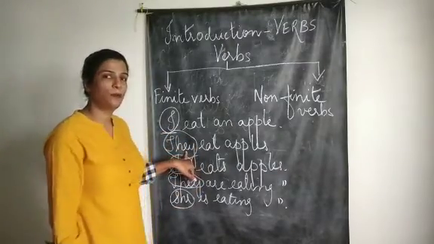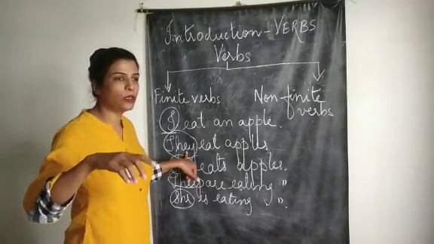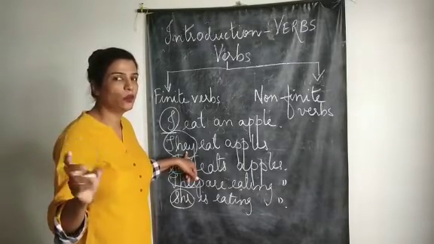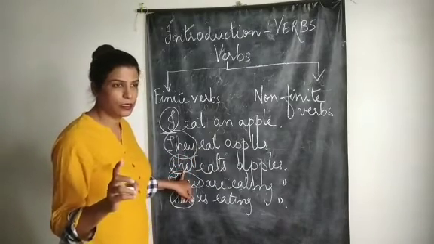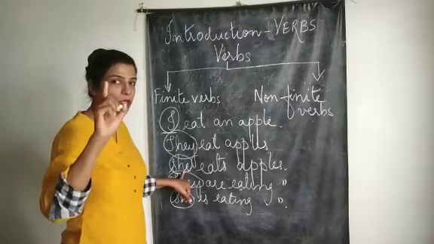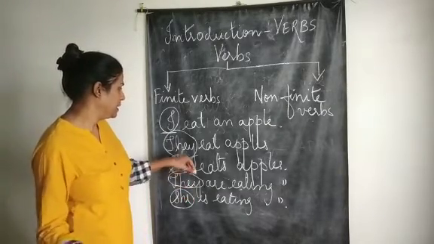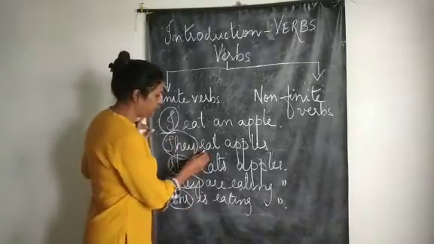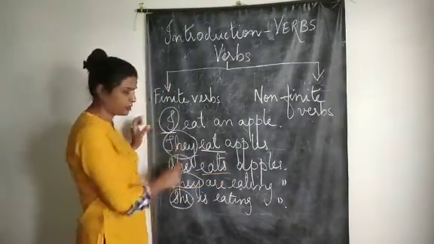This is plural. That means I'm talking about more than one human being over here. This is singular. That means the subject is singular and I'm talking only about one girl or one lady. You can see the effect on the verb over here when the subject changes.